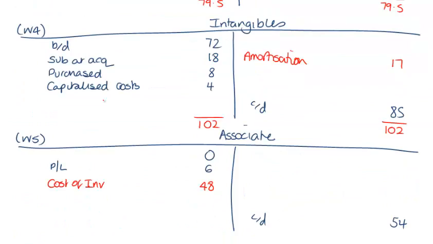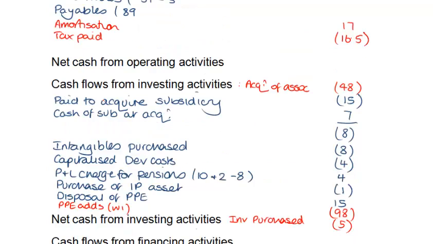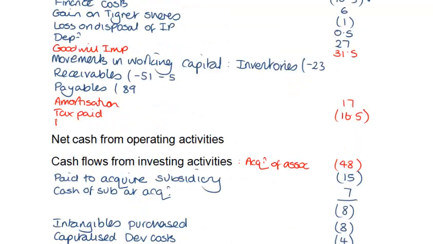Let's go up to our cash flow statement. Pension paid, 7 from our workings. We can now put in our movements in working capital. No adjustments to inventories. They're minus 23. Receivables are minus 56. Payables are plus 89.